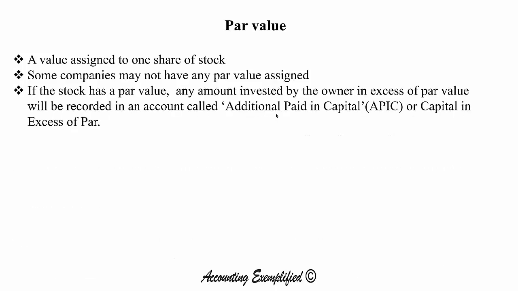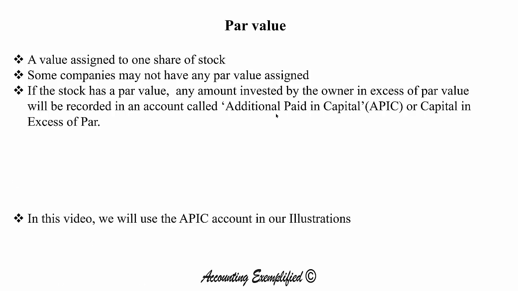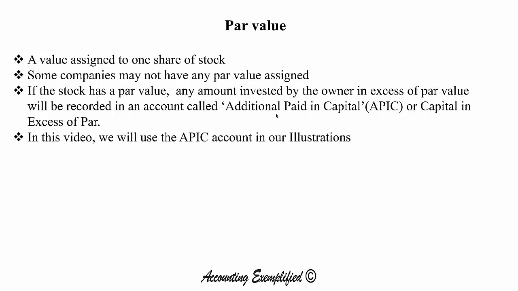If the stock has a par value, any amount invested by the owner in excess of the par value will go into an account called additional paid in capital or capital paid in excess of par. So only for the companies that have the par value stock, this account will be maintained. In this video, we will use APIC in all our illustrations.